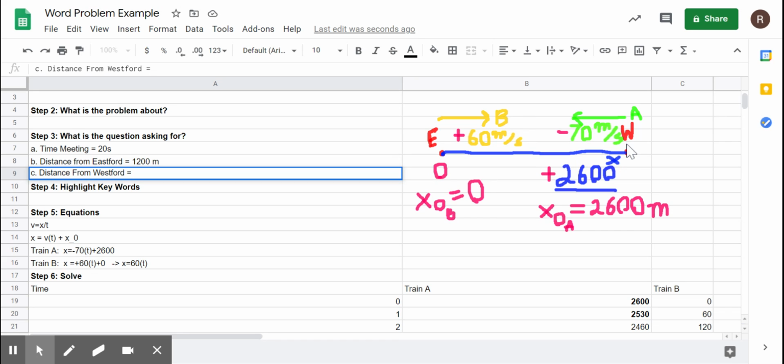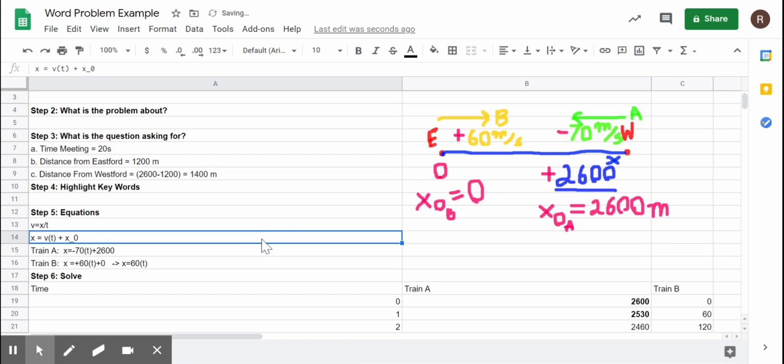We know that this is at 2,600. You know what? We can just do some math here. 2,600 minus 1,200, if you can do math in your head, or if you have a calculator in front of you, that's 1,400 meters. Okay. And that's it. We're done.